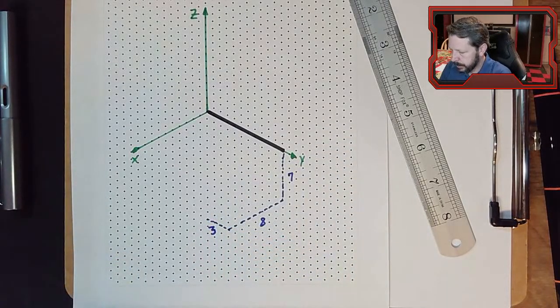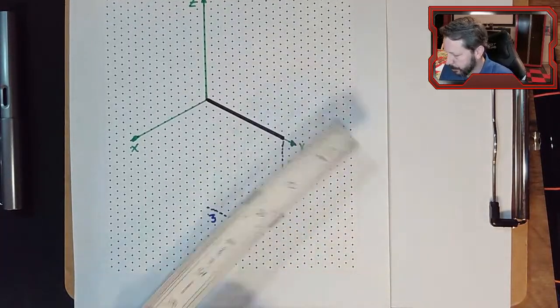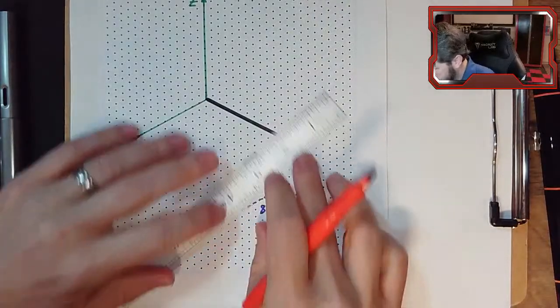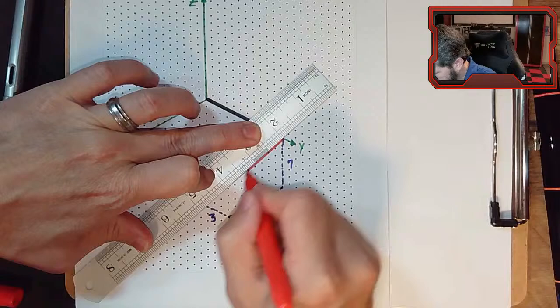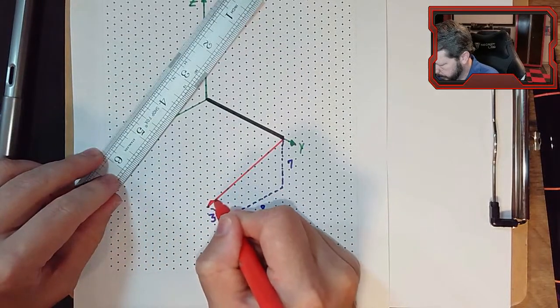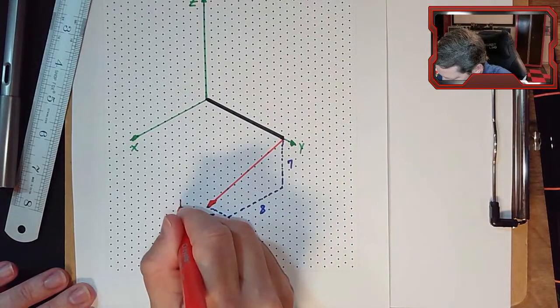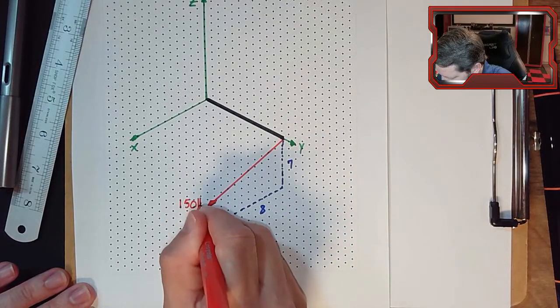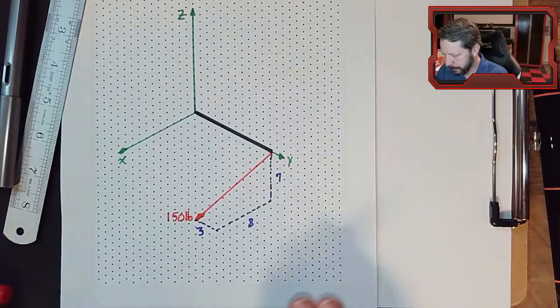So the force that I'm trying to describe with these x, y, and z coordinates, if I get them in the right order, looks like this. So there's the force, and I'll give it a 150-pound magnitude. Hopefully the dots aren't too distracting with all of the stuff writing on there.